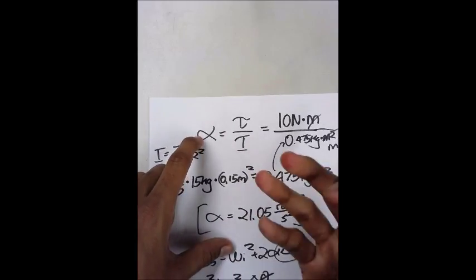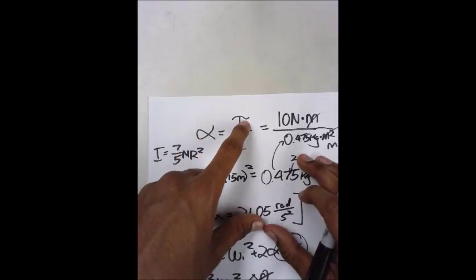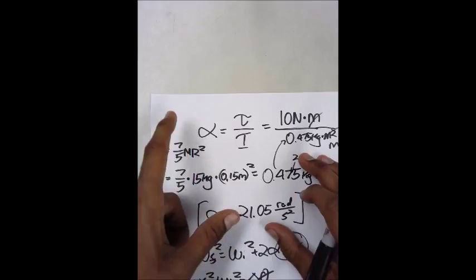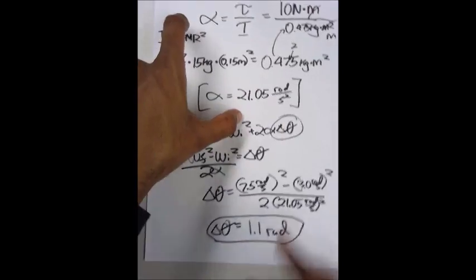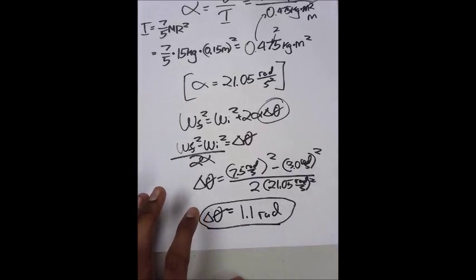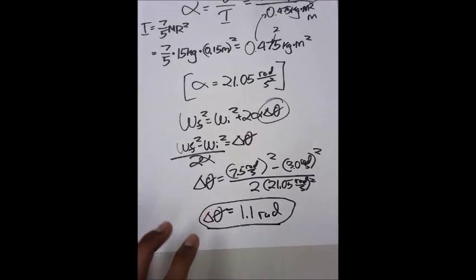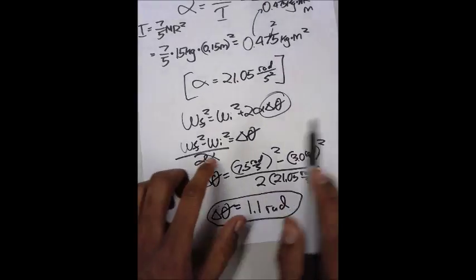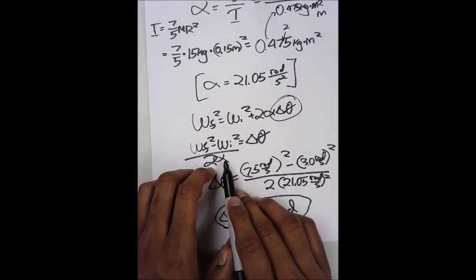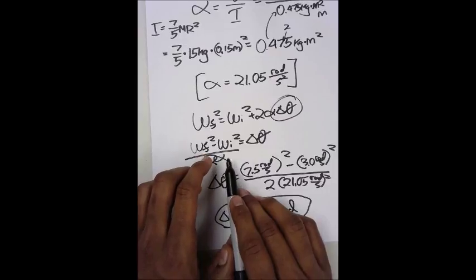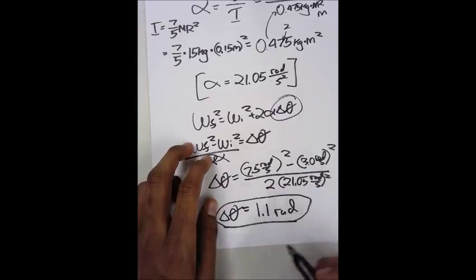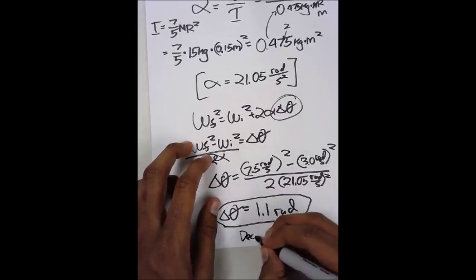Smaller inertia, same torque, bigger angular acceleration. If you had a bigger angular acceleration, you would increase this number on the bottom. So if the denominator got bigger, you'd be dividing by a bigger number, and you would have a drop in that angle.